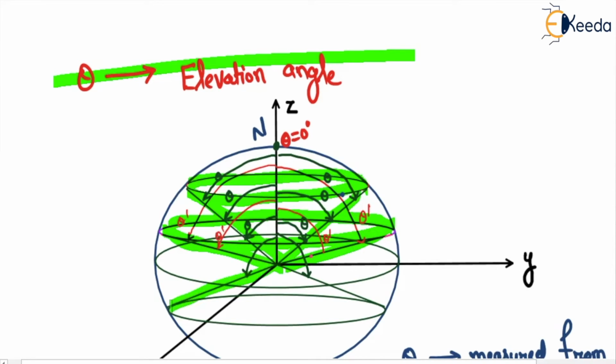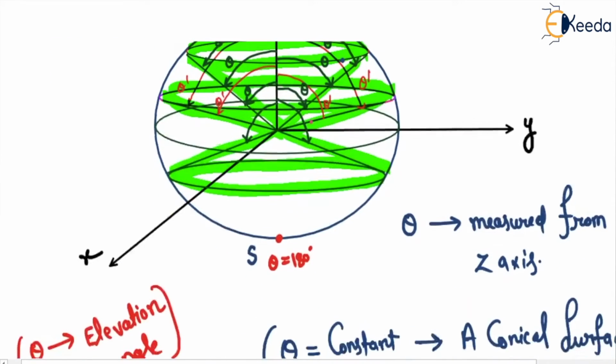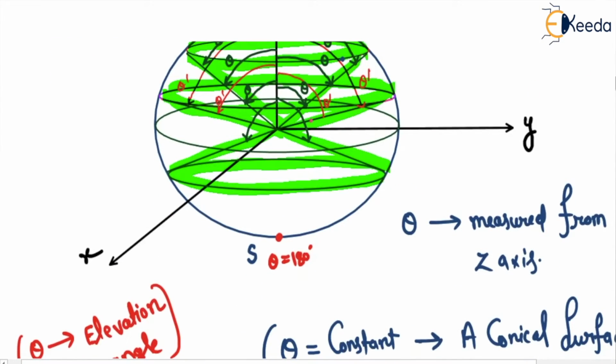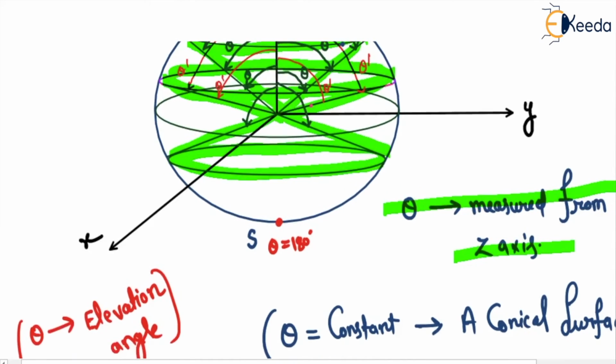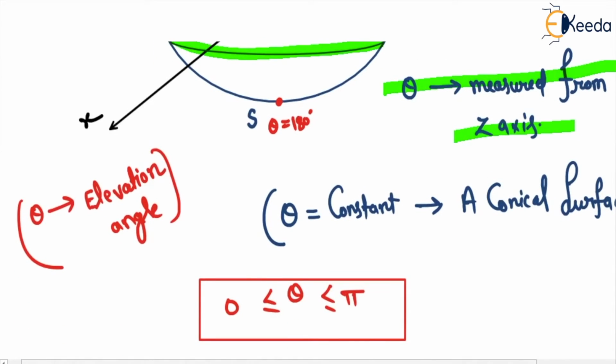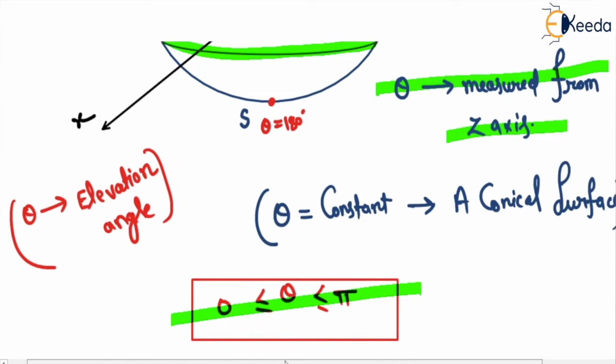So these are the different cones which correspond to theta equal to constant surface. Theta is measured from the z-axis. It is called the elevation angle, and theta varies from 0 degrees to 180 degrees, or in radians from 0 to pi.